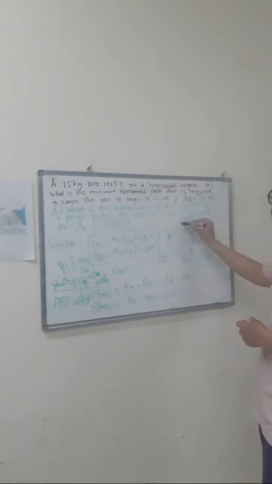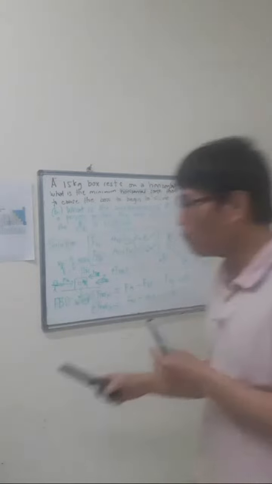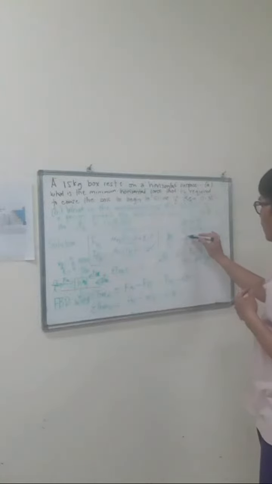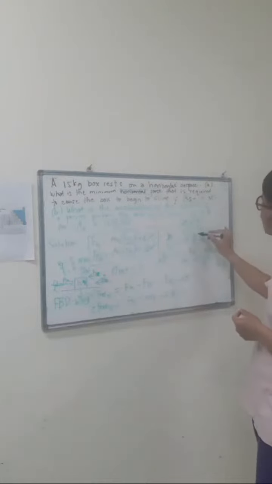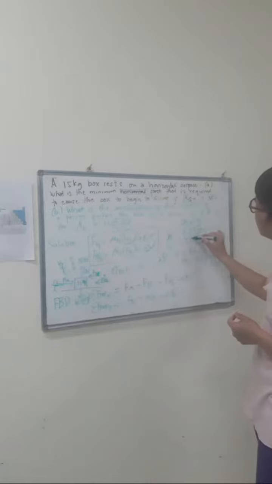Now, what is your frictional static force? You have 0.35 times the normal force, multiplied directly. So 0.35 times 147.15 is equal to 51.50 newtons, the frictional static force.